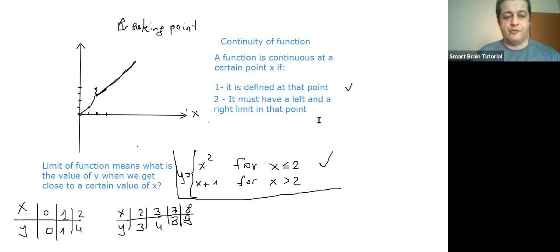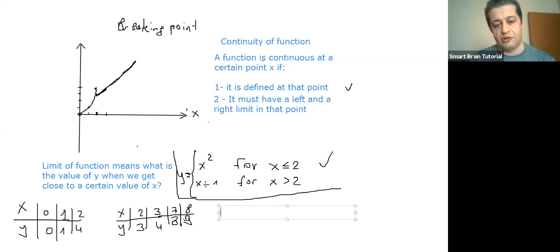So as I said before, we are not sure whether this function is continuous at the point x equal to 2, because the function is divided into two parts at the point x equal to 2. We do not suspect, for example, x equal to 5, because we know that x equal to 5 belongs to the second part of the function, so it is continuous.